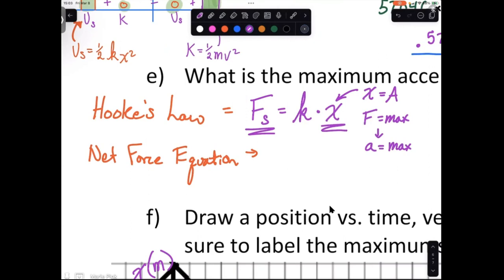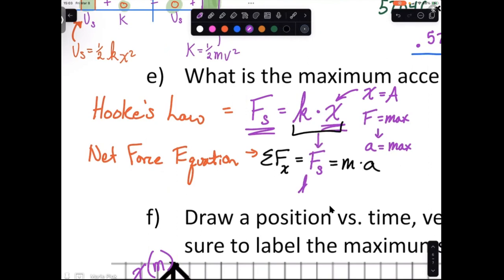So we know that because if we were to do a net force equation, the sum of the forces in the x direction, the only thing acting on this to make it speed up or slow down is the force of the spring. And that's going to be equal to mass times acceleration. So this part here, the kx, I'm going to put in for the force of the spring.